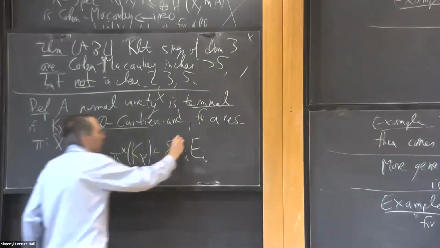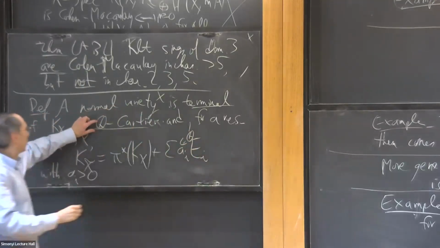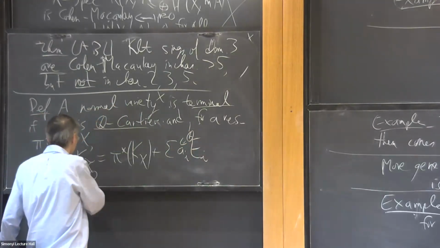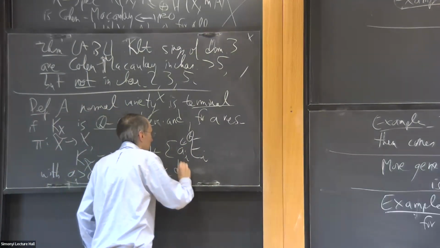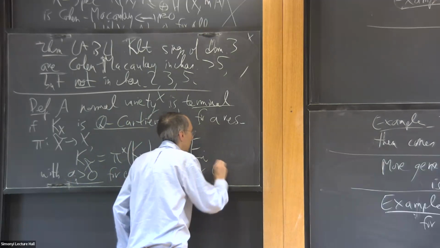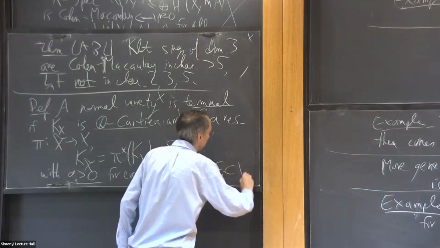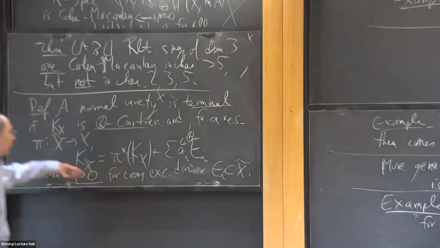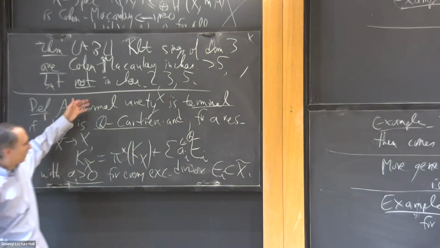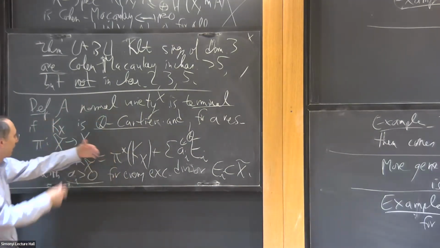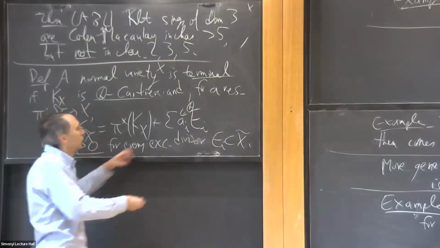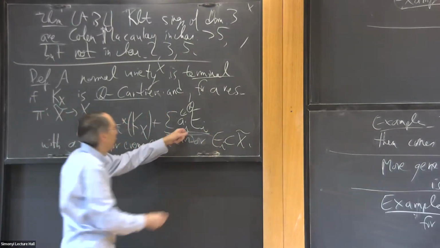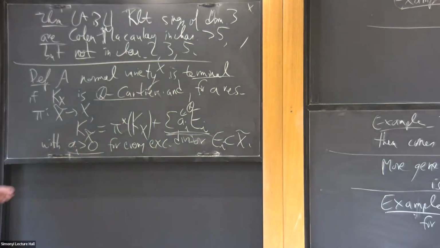These coefficients are rational numbers because of the Q here, and they should be positive for every exceptional divisor. Exceptional means you look at all the codimension 1 subvarieties that map to something of lower dimension in X. All those divisors should occur here, and they should all have positive coefficient.